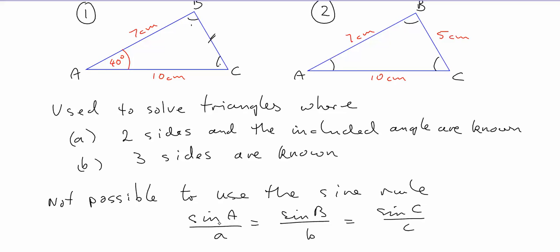If you remember from the last video, the sine rule is this: sine A over a equals sine B over b equals sine C over c, which represents three separate equations. If you look at, say, the first triangle here, what you have is angle A, side c there, and side b there.